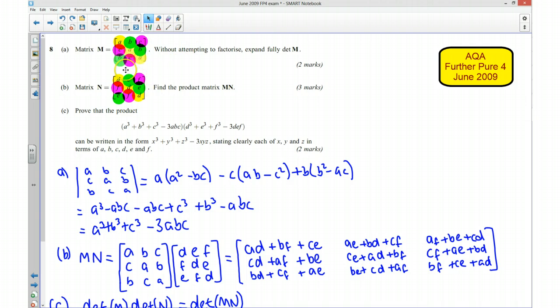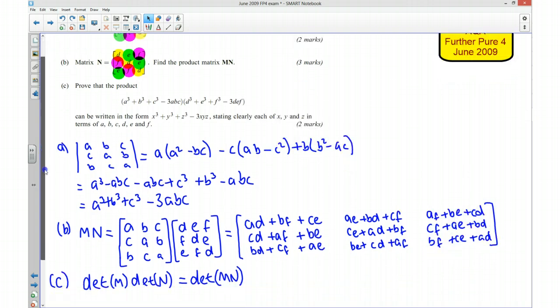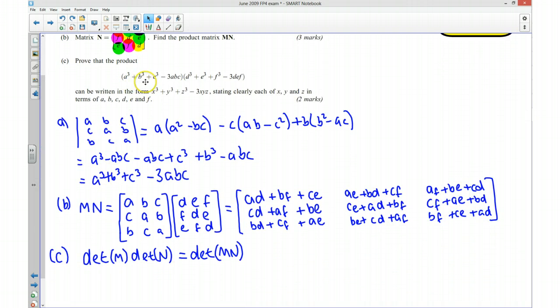And actually, this matrix is the same pattern as this matrix here, but the A has been superimposed as the D, the B has been superimposed as an E, and the C has been superimposed as an F. So actually, the determinant of this matrix is going to be of the same form as the determinant of this matrix. So that means that the determinant of M was A cubed plus B cubed plus C cubed take away 3ABC.